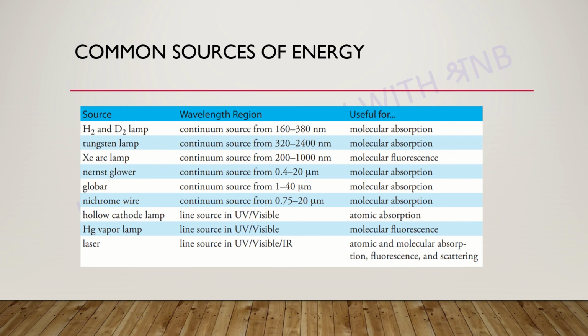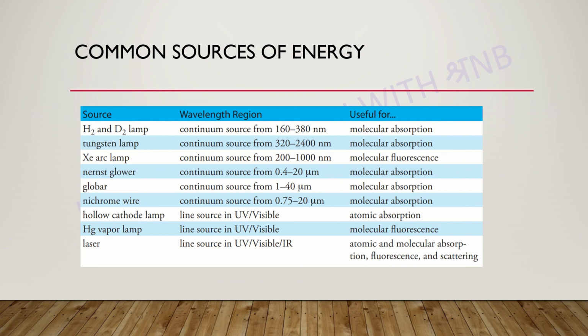Hydrogen and deuterium lamp, continuum source from 160 to 380 nanometer for molecular absorption. Tungsten lamp, continuum source from 320 to 2400 nanometer, molecular absorption. Xenon arc lamp, continuum source from 200 to 1000 nanometer, molecular fluorescence.